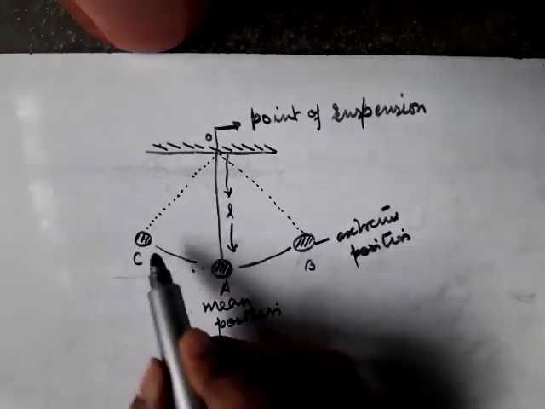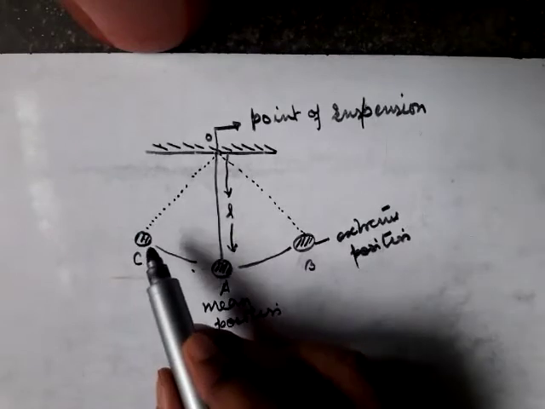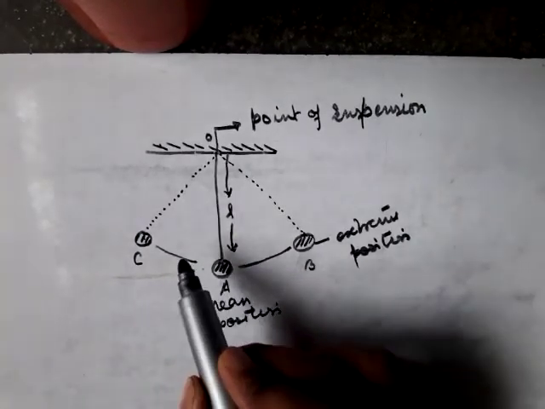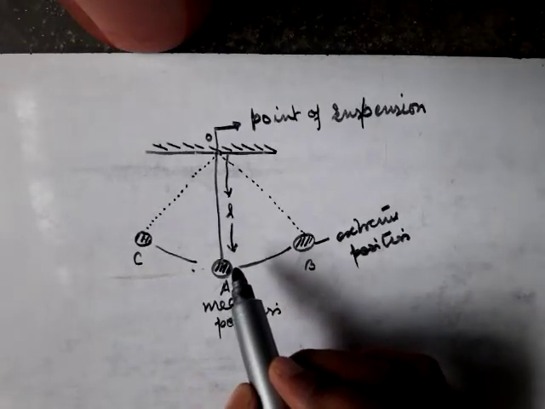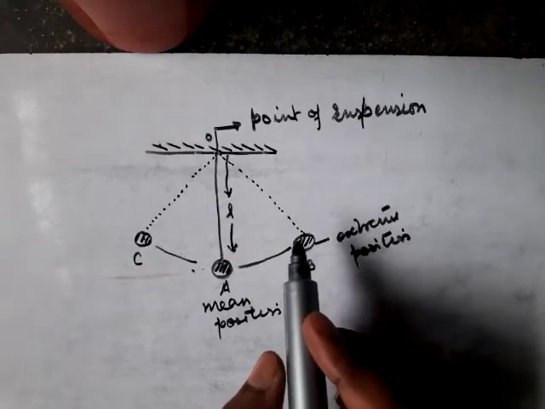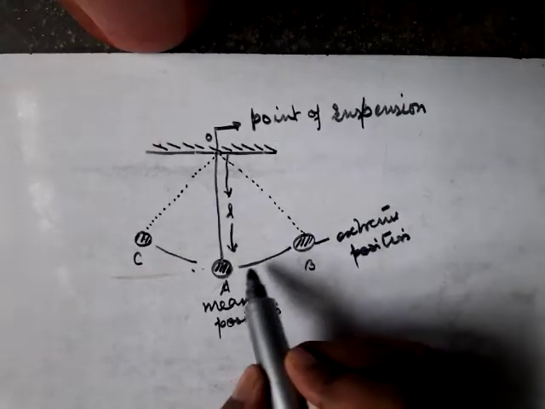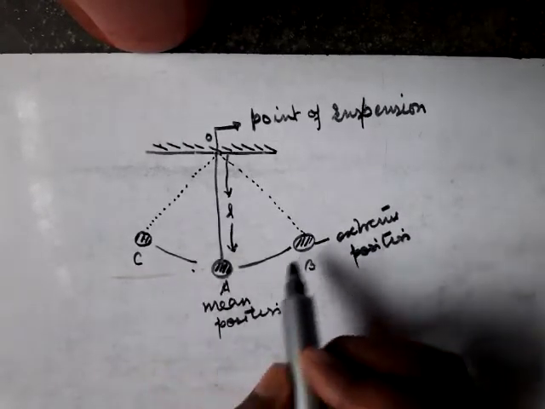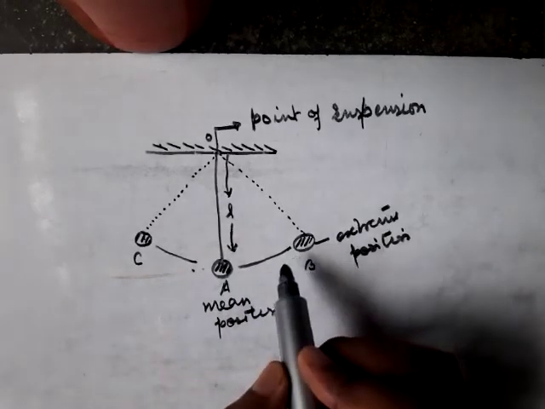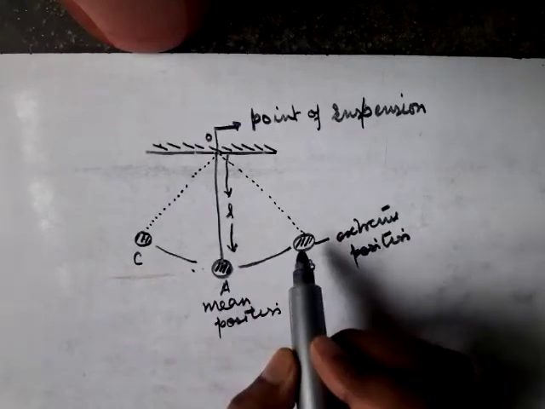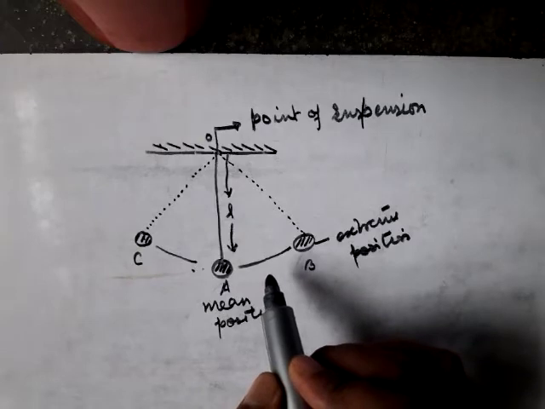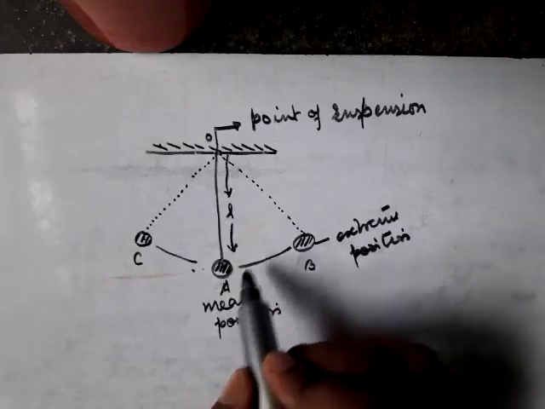The complete to and fro motion of the pendulum constitutes one complete oscillation. This is the definition of oscillation: when the simple pendulum swings to and fro completely, it makes one complete oscillation.